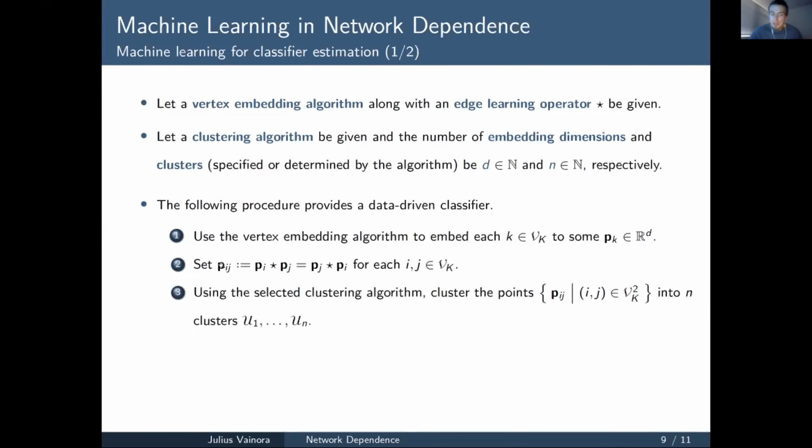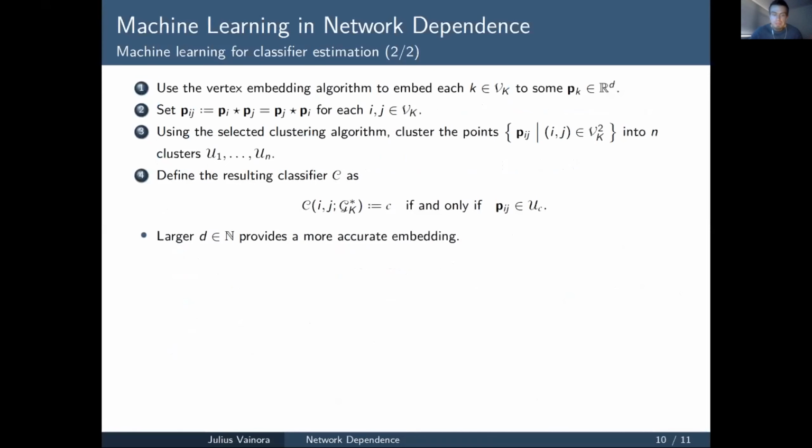Then, given those vectors for all the pairs of vertices, I just cluster them into n clusters and define the resulting classifier C as follows. We say that entities i and j have class C if their vector belongs to cluster C. Now some comments about this.